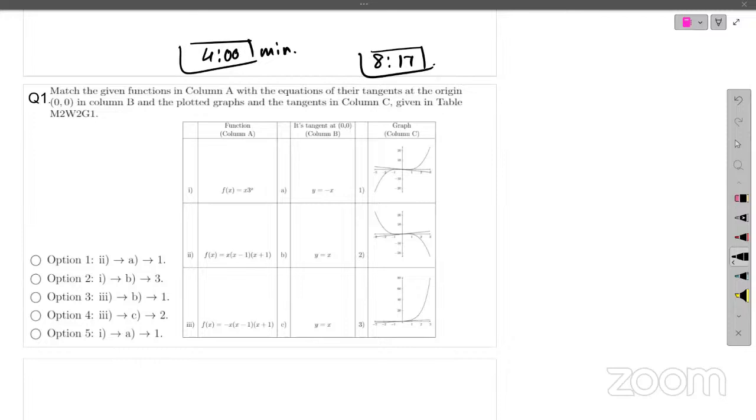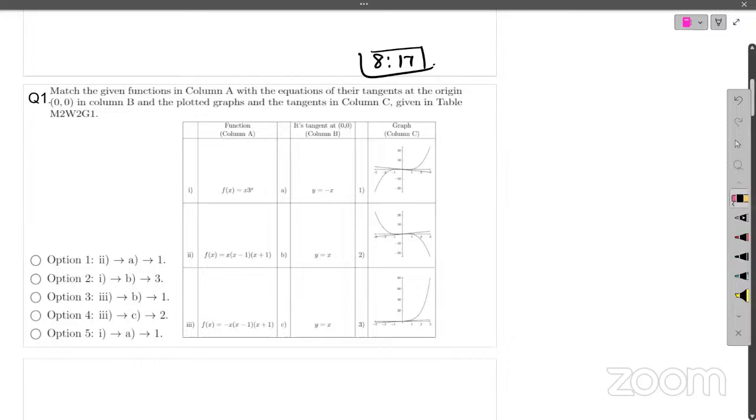Here we have to match the graph of the functions and their equation of tangent. First we can observe the graph and then go for the tangent, because for finding the tangent we have the equation of tangent formula. We'll discuss it later, but let's first work out the graph.